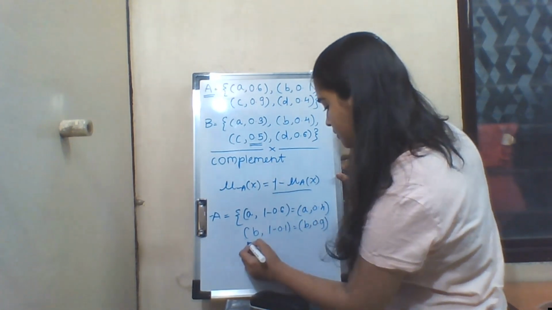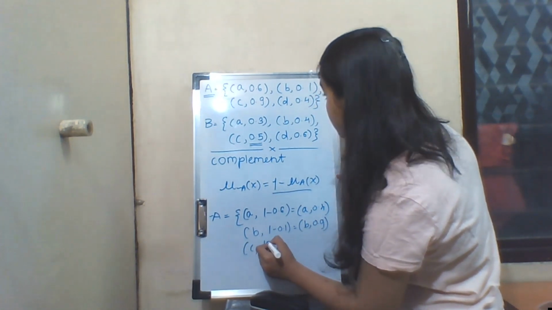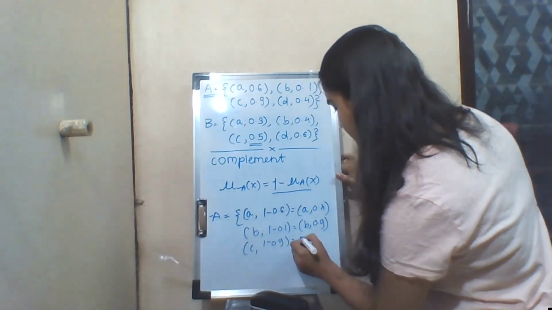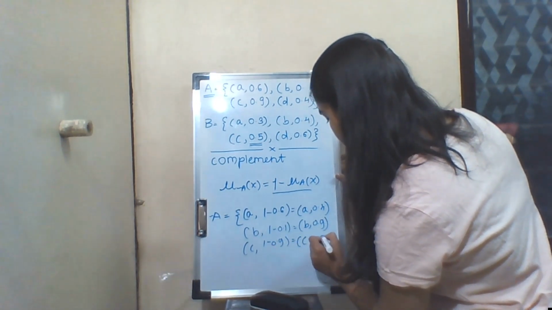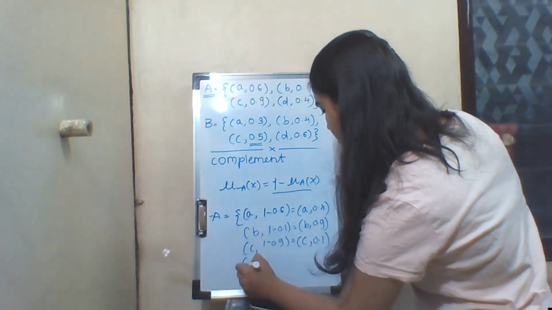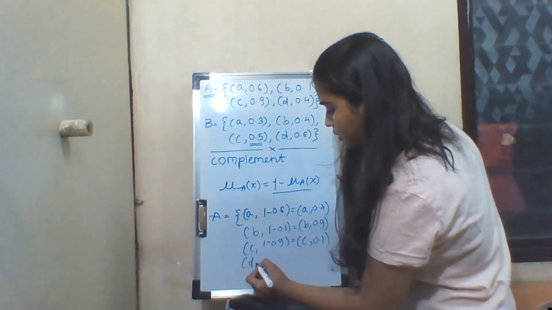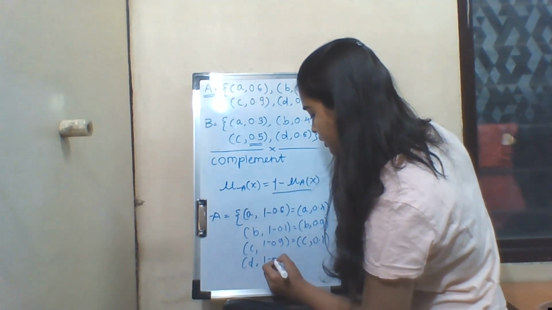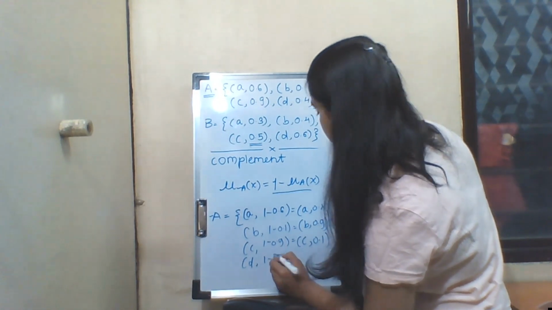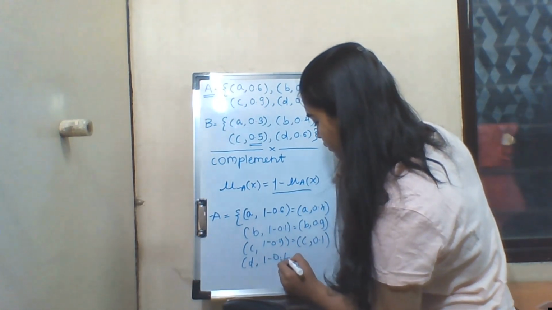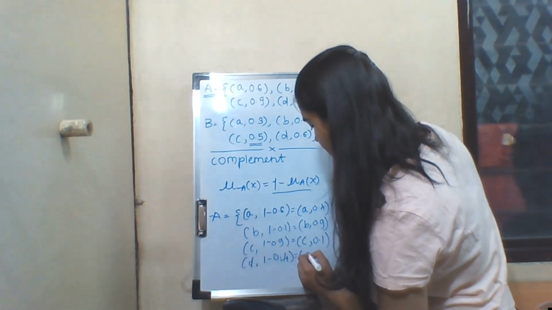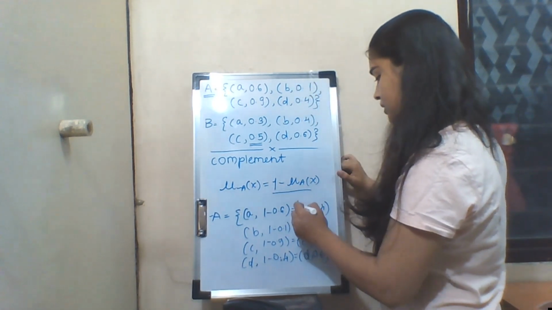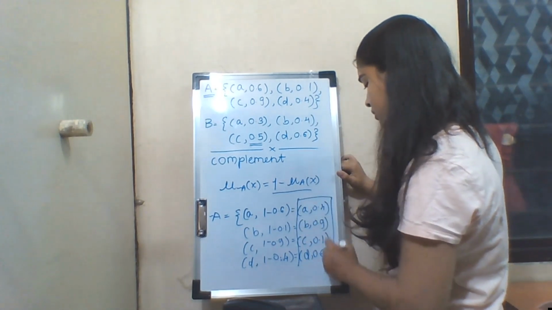C, comma 1 minus 0.9, which is C, comma 0.1. And D, comma 1 minus 0.4, which gives D, comma 0.6. So this is the complement of set A.